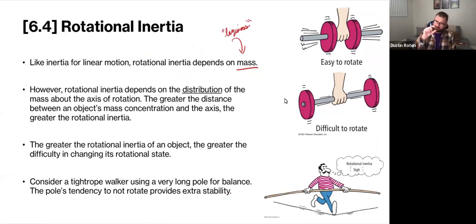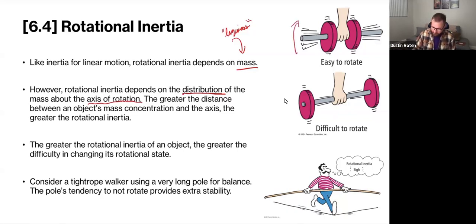There's an extra thing here that we need to consider. So rotational inertia depends on the distribution of the mass about the axis of rotation. The greater the distance between an object's mass concentration and the axis, the greater the rotational inertia. So you can see these first two images here.